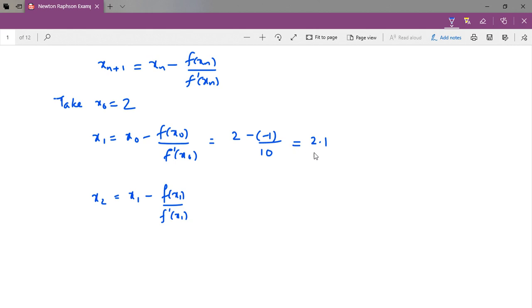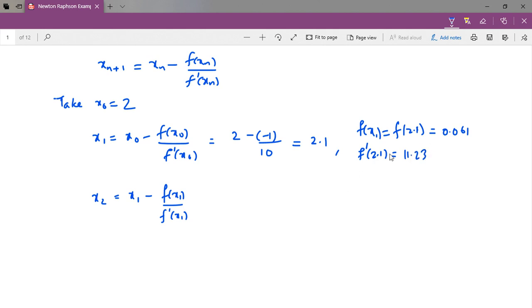When you get x1, you have to compute two things, f of x1, that is f of 2.1, and f dash of 2.1. These two things we have to compute always. f of x1 is 0.061 and f dash of x1 is 11.23.